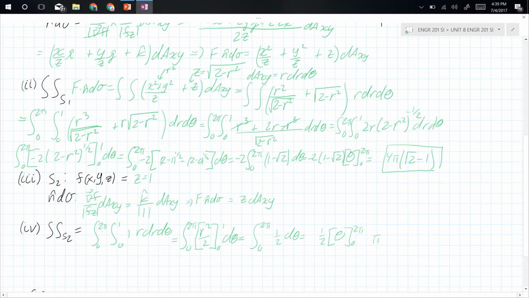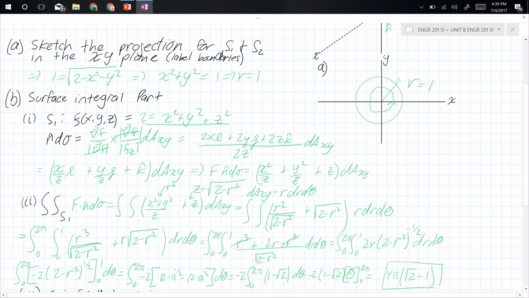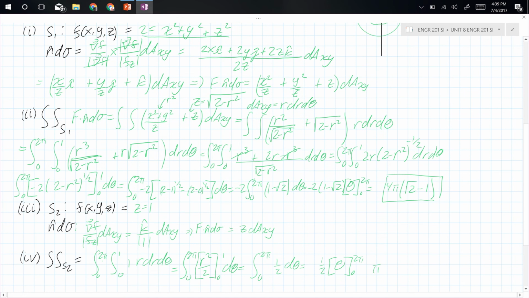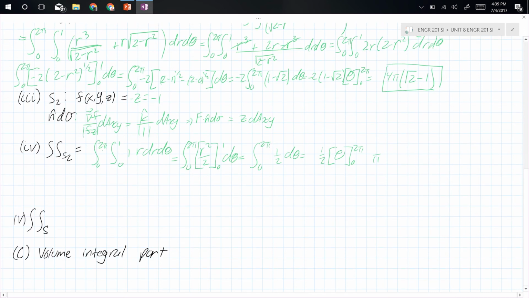But for S2, we have to look at n hat, as in what direction it's going, and make a note of it. Since it's going downward, it actually is a negative z, with a negative 1. It does change the surface, but it does not change what you plug in.